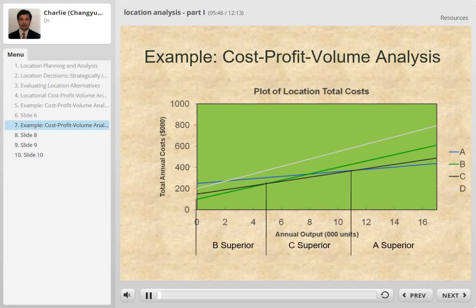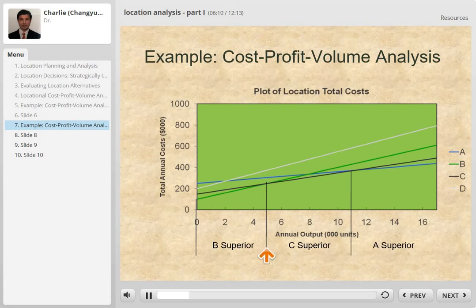We know that we want to find the lowest total annual cost. The lowest we can see from this figure here. In between this line and this line, we have the lowest line, that is the green line.